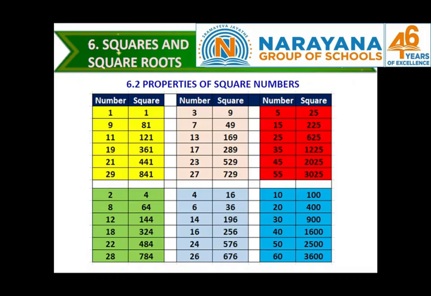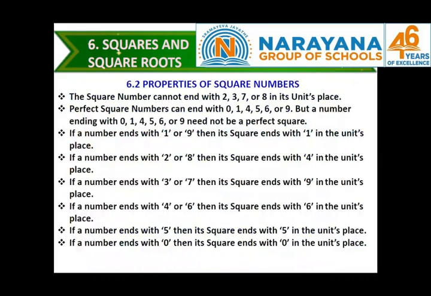Next one. If a number ends with the digit 4 or 6, then its square ends with the digit 6.